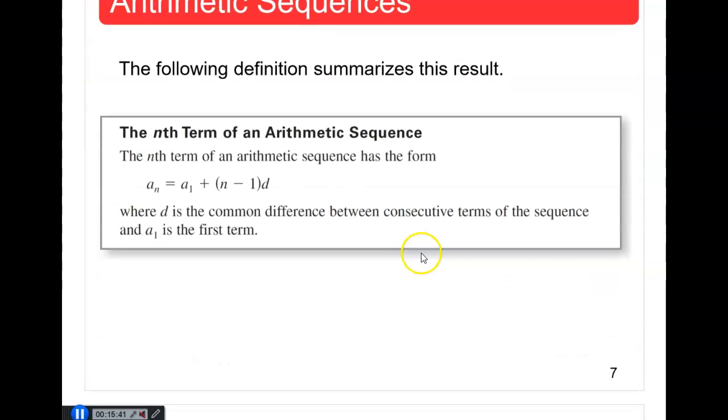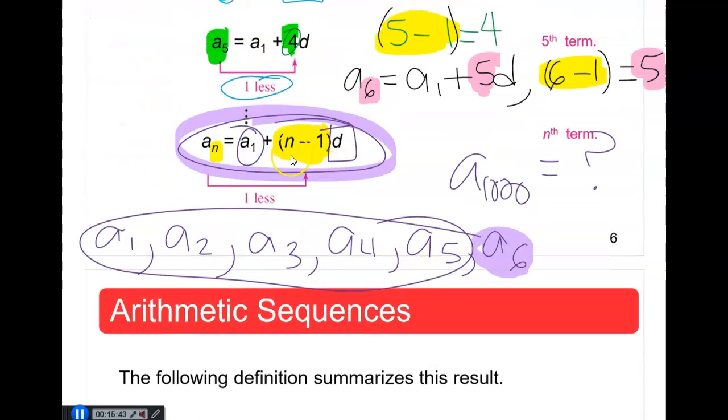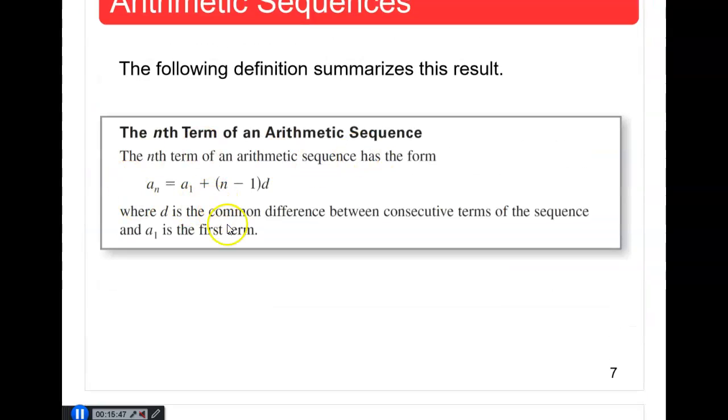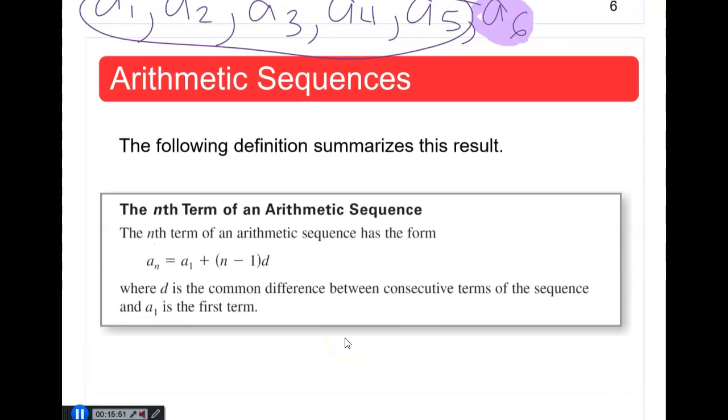So that same formula that we have written down here is summarized here. And I wanted to point out that every time you have a PowerPoint or a textbook, all those important things such as definitions, formulas, theorems, can all be found inside boxes most of the time, or you can notice the title is bolded here.